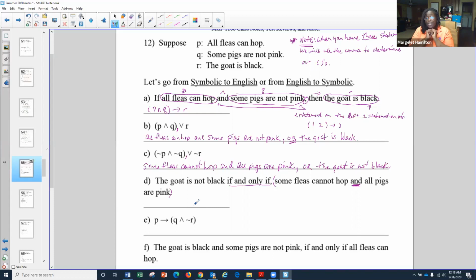It says the goat is not black. So we should be starting off with a negation R, double arrow, if and only if, what? In parentheses, these two things, some fleas cannot hop, right? So some fleas cannot hop would be what?